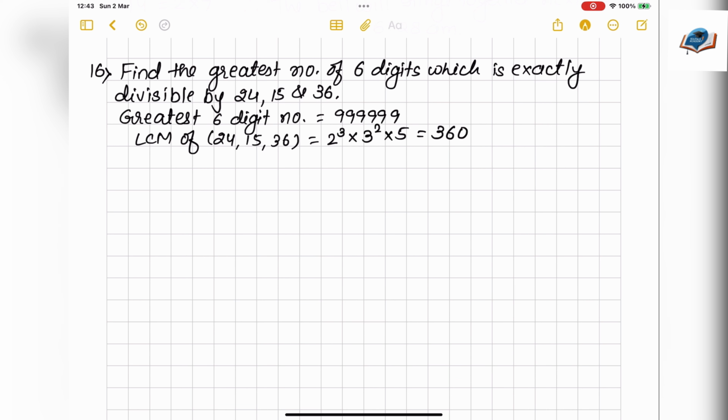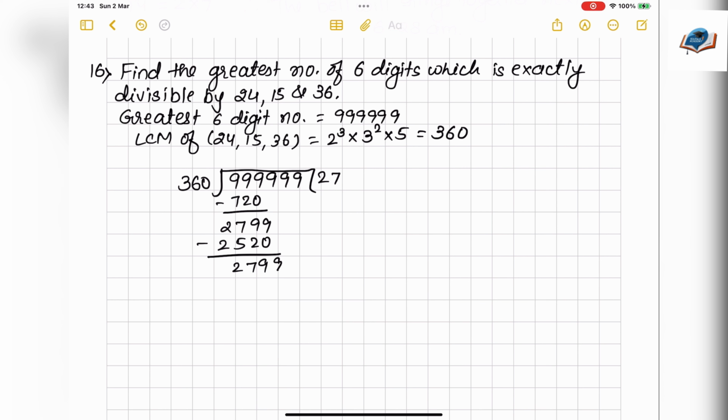Now if I divide the greatest 6 digit number with 360, whatever is left out, see 2s are 720, so 2799, then 7s are 2520, again the remainder is 2799, and again if I move 7, 2520, again the remainder is 2799, and again 2520. If I move 7, so 279 is left.